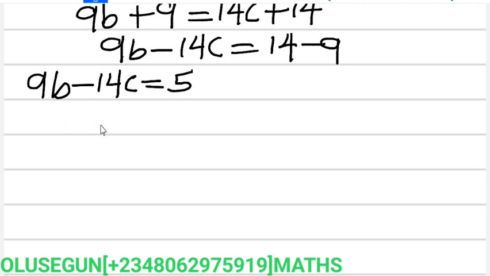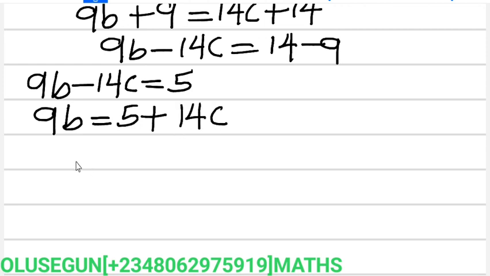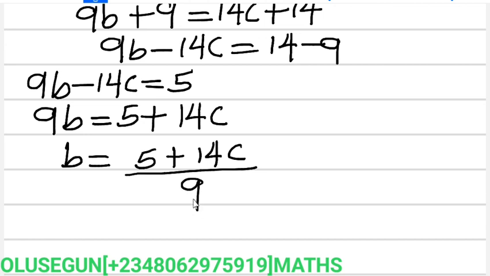Let's make b the subject of the formula. We have 9b is equal to 5 plus 14c, so our b value will be 5 plus 14c over 9.